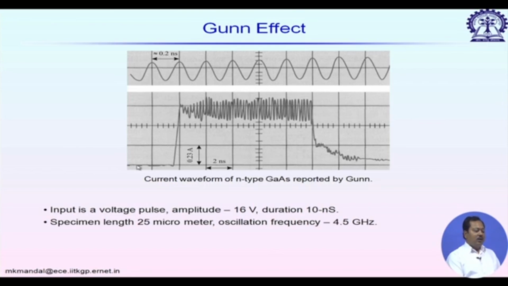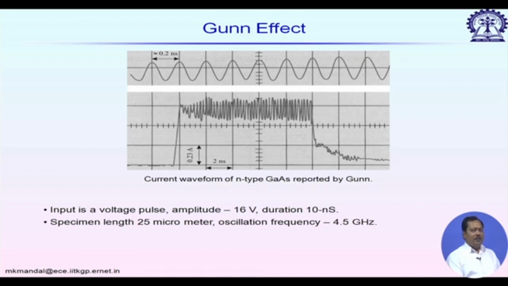So, the input is an RF signal, whereas the output contains both the RF input and microwave frequencies. He also observed that this high frequency component generated by the device depends on the length of the sample. For this particular example, the typical specimen length was 25 micrometer.